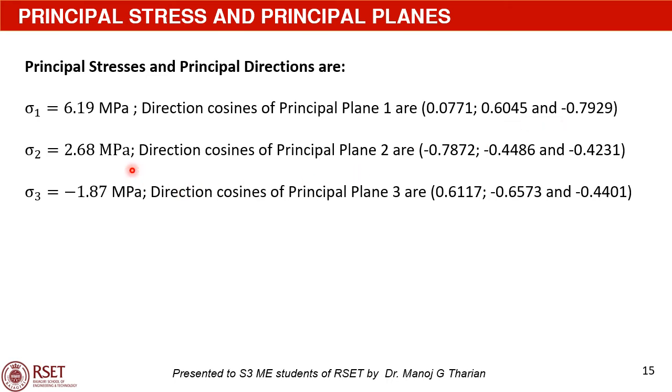The principal stress sigma 2 is equal to 2.68 megapascal, and the direction cosines of the normal to the principal plane 2 are -0.7872, -0.4486 and -0.4231. The value of the principal stress sigma 3 is equal to -1.87 megapascal, and the direction cosines of the normal to the principal plane 3 are 0.6117, -0.6573 and -0.4401.